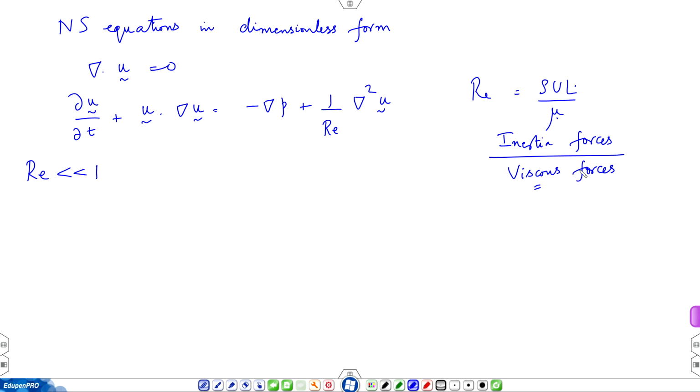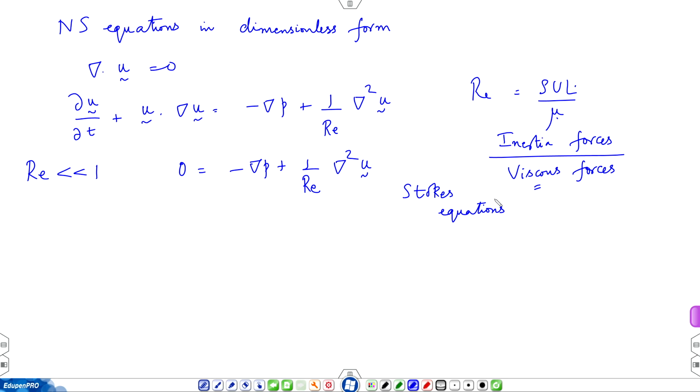So, the momentum equation can be written, as an approximation, 0 equal to minus gradient of P plus 1 over Re del square U. This is a reduced form of the Navier-Stokes equations. It is often called the Stokes equation.